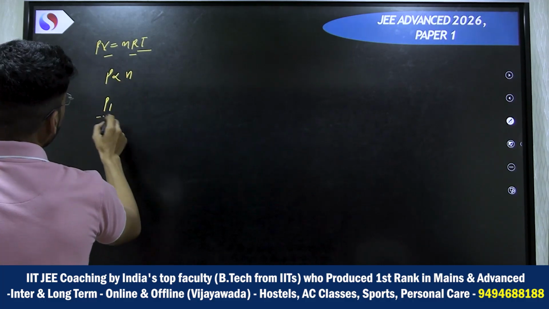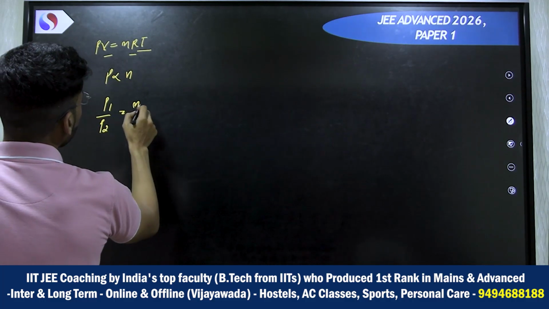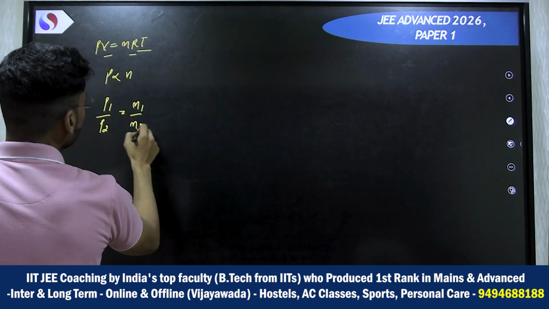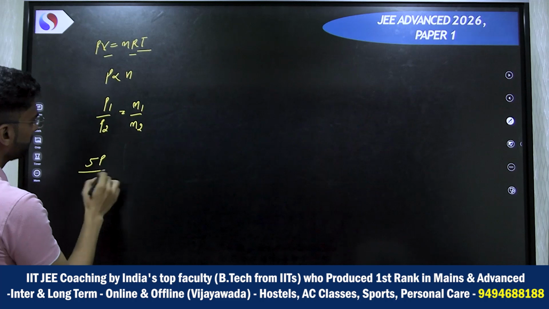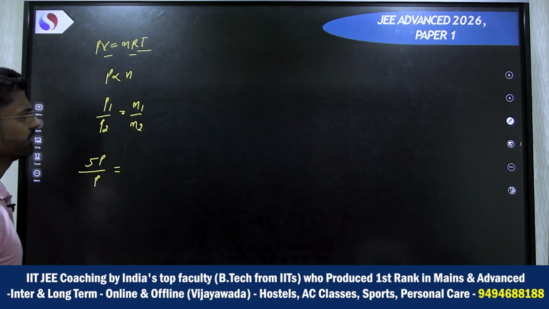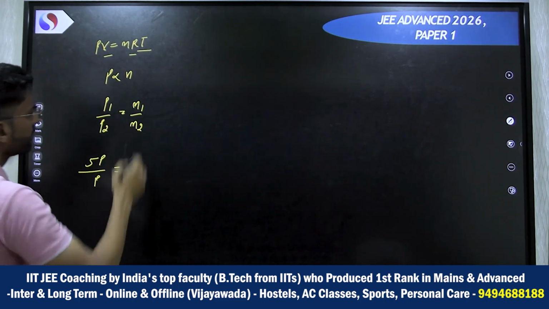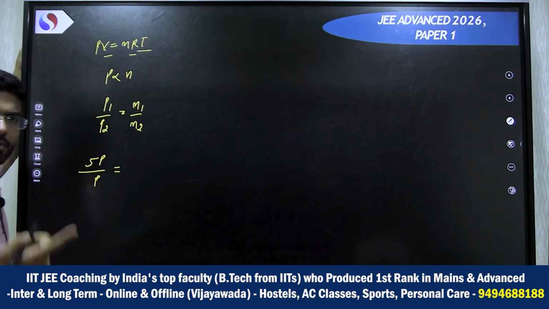So P1 divided by P2 equals n1 divided by n2. P1 is 5 times that of the second. Number of moles is given mass by molecular mass.